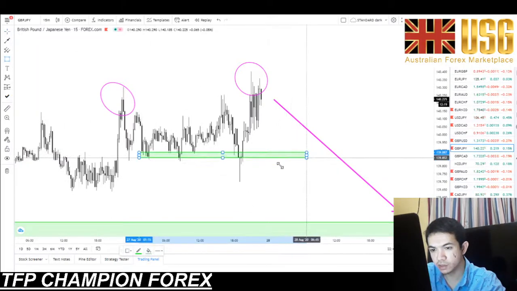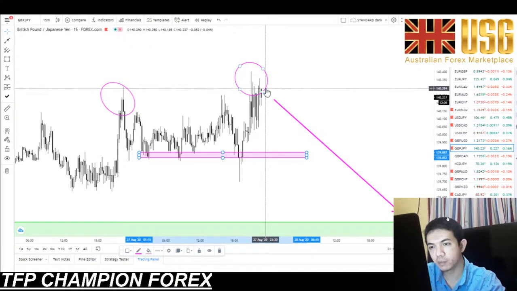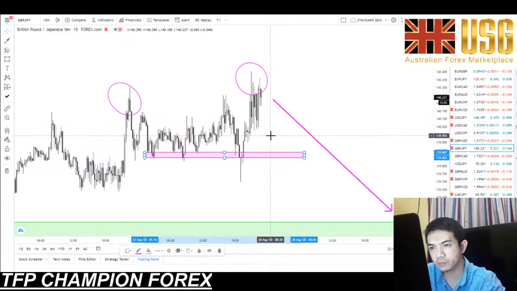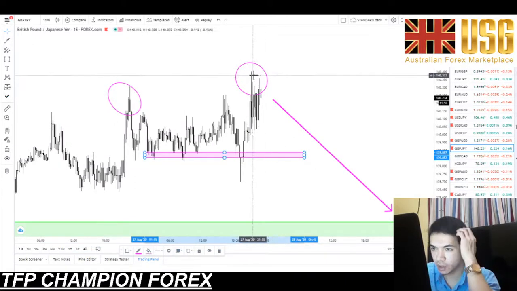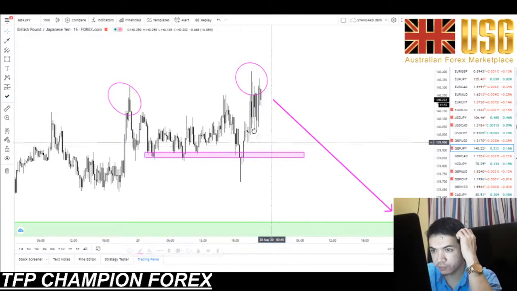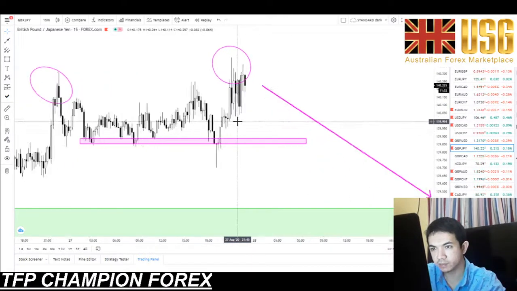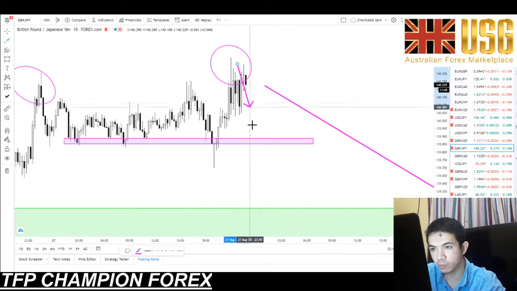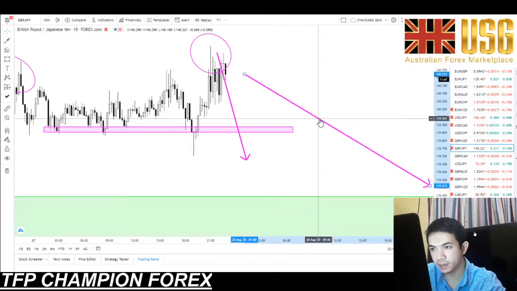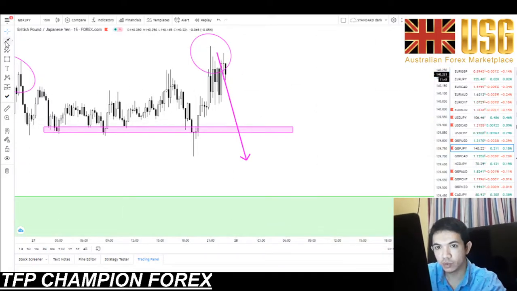Broke through this structure. I just changed this color, right? Broke through the structure, and then formed again a higher high. Meaning the price would probably make another higher low, or if I'm going to sell this market, I would wait for the price to break through this level and then wait for the opportunity going here to place my trade.